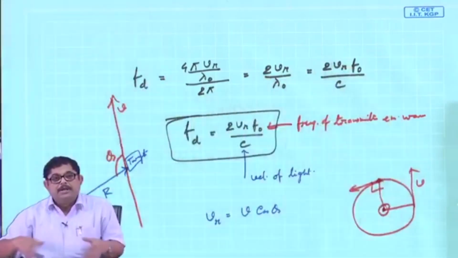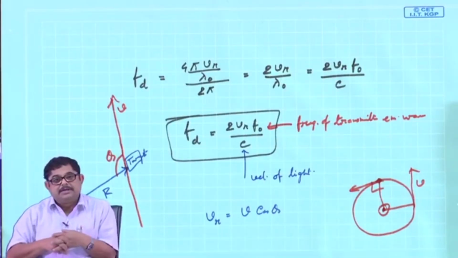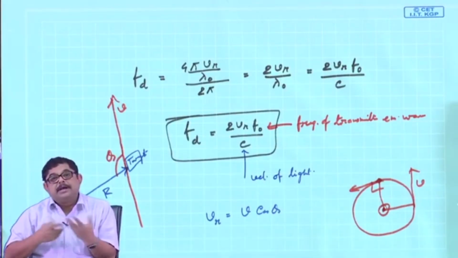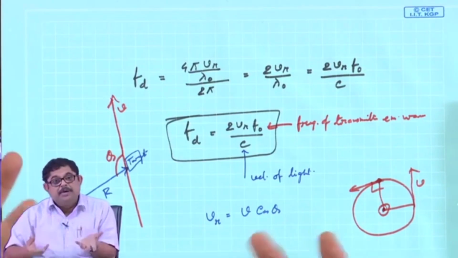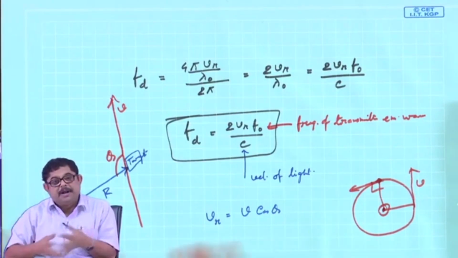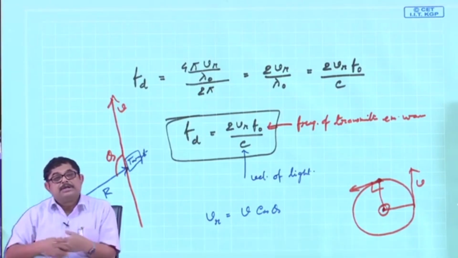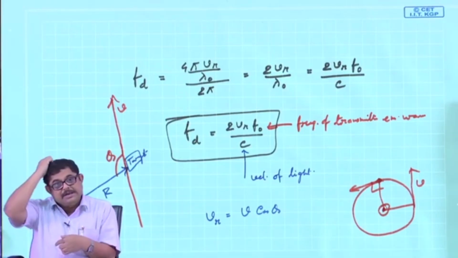Now, all this whatever we have discussed, starting from range, the maximum range, maximum unambiguous range, minimum range, integration of pulses, then the radar cross section, then this Doppler effect, the Doppler frequency.